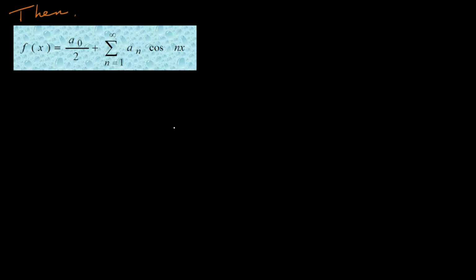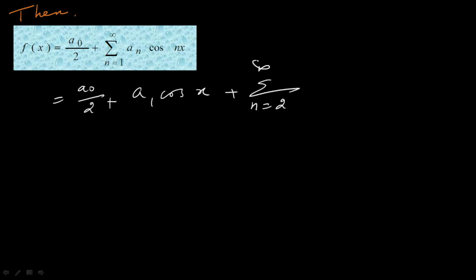So you have to substitute all these values in the general Fourier series representation, but here you can't substitute this directly, so you have to expand this. That is a0 by 2, you have to take the first term outside of the summation, since the denominator of an consists of the term n square minus 1. That's why you have to do this. So a1 cos x, if you substitute n is equal to 1 in the summation, you get a1 cos x plus, write down the remaining terms within the summation as it is, sigma n is equal to 2 to infinity an cos nx.